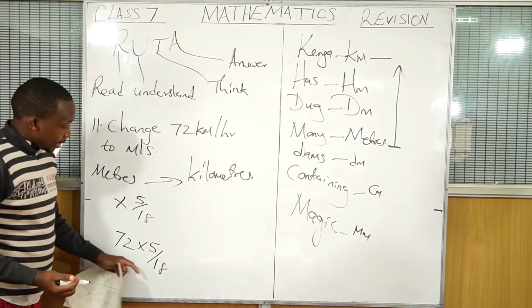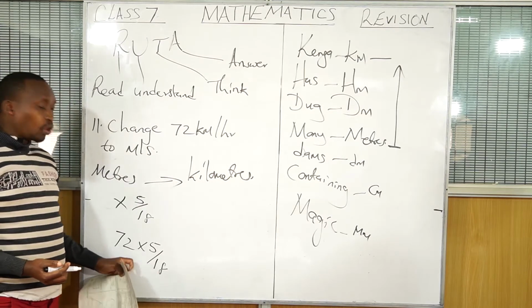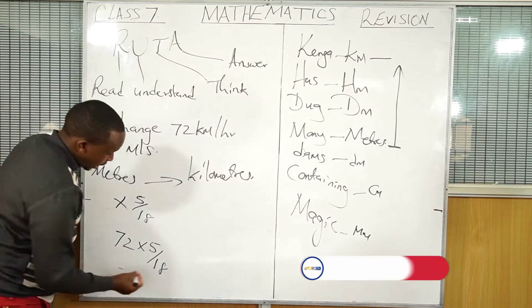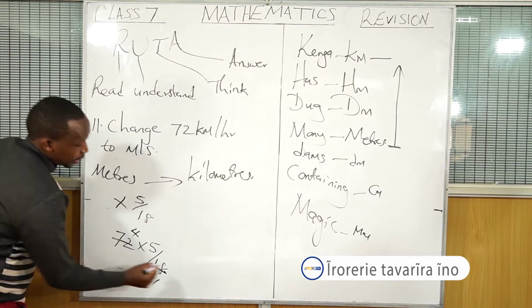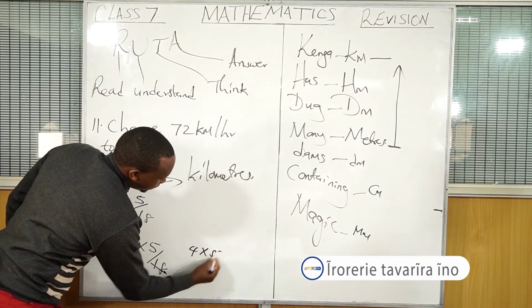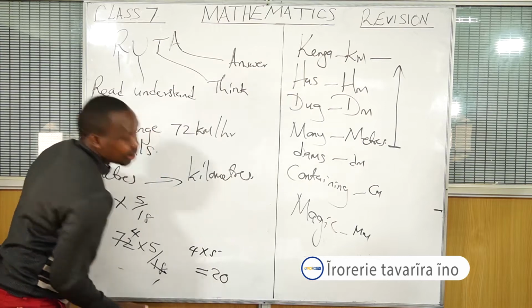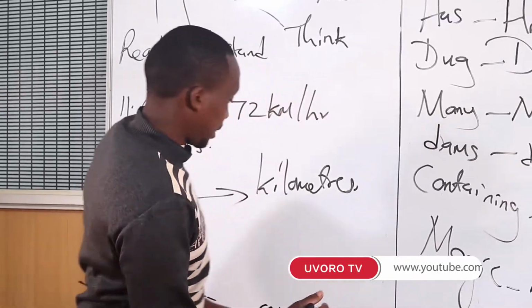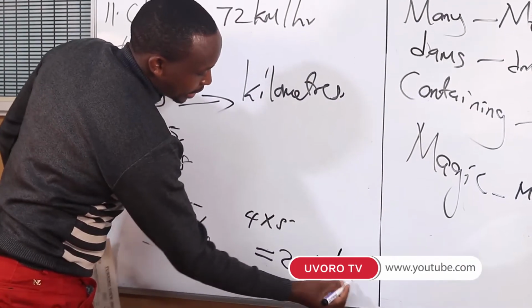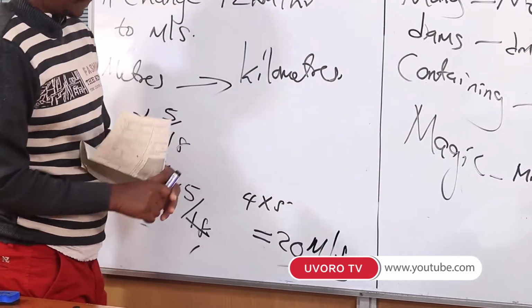Now, how many times will 18 go into 72? 18 times 4. Now, what is 4 times 5? Equals 20. 20 what? Not sheep and goats. That is meters per second. That is the answer now.